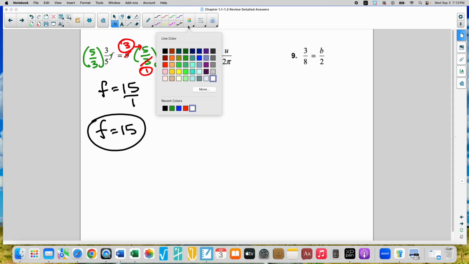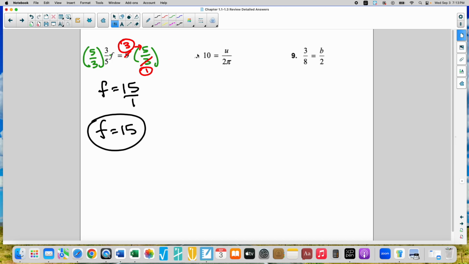Let's look at the next one. Next problem, what's happening to u? It's being divided by 2 pi. The inverse of dividing by 2 pi is multiplying by 2 pi. It doesn't say to round this answer, so we can leave it in pi. 2 pi times 10 leaves me with 20 pi equals u.